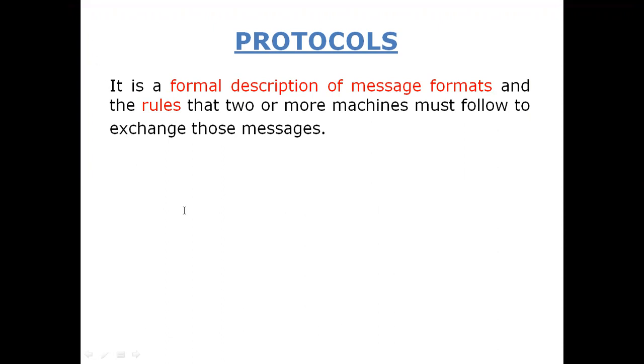So here we have a sender and here we have a receiver, and I just put a line between them. When the sender wants to communicate with the receiver, they have to follow the protocols.